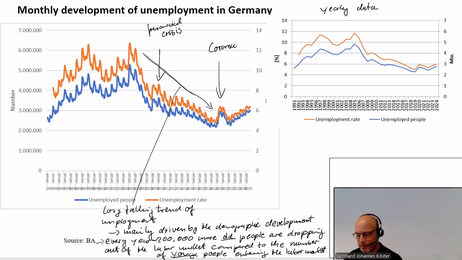And therefore, it is quite surprising that after Corona, we have now an increase of unemployment. Because still from the demographic situation, the unemployment rate should still fall or should more or less stay the same.